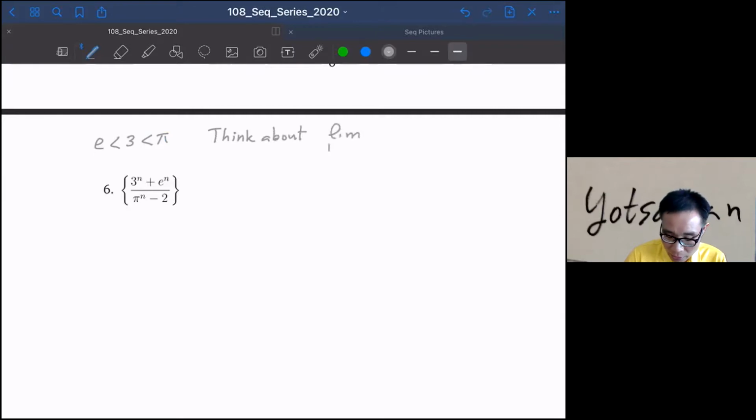When you do this one, you're going to think about the limit as n goes to infinity of r to the n, which is 0 when the absolute value of r is smaller than 1.